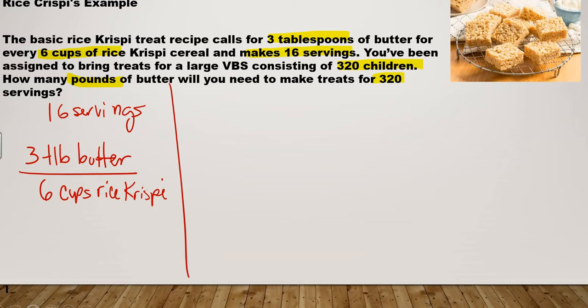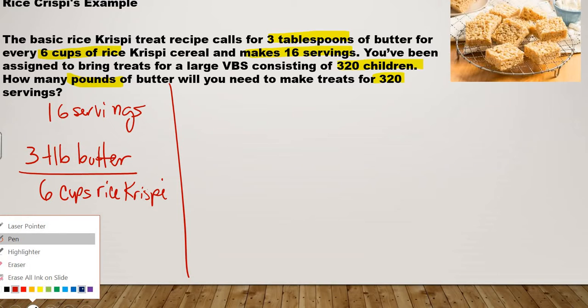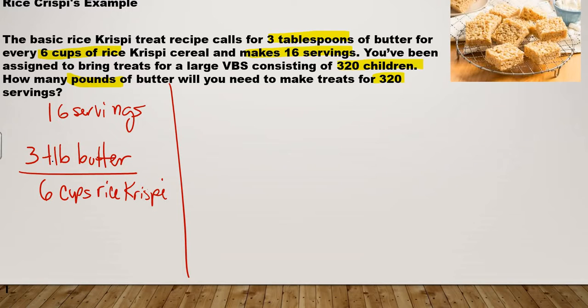That's for 16 servings. Now, we don't buy butter by tablespoons. We buy butter by the pound. So at some point, you're going to have to deal with converting tablespoons into pounds for very large.